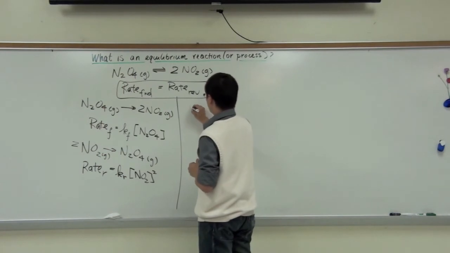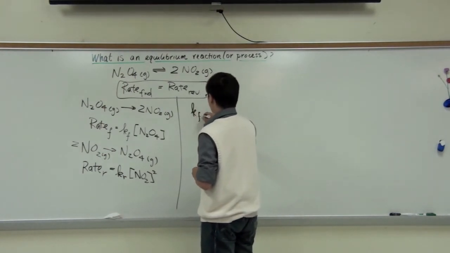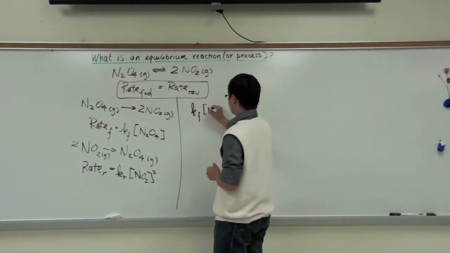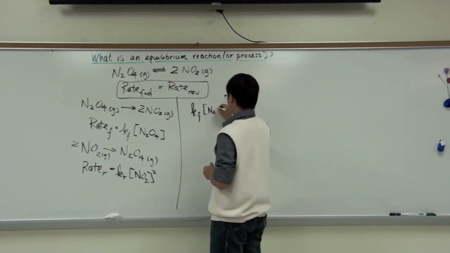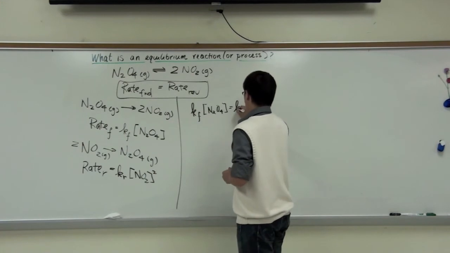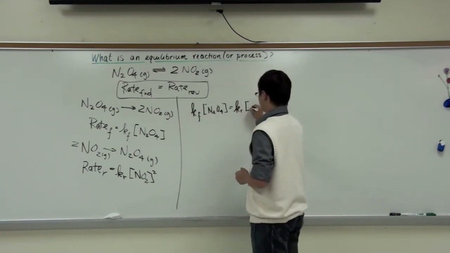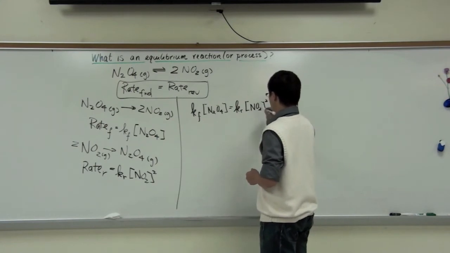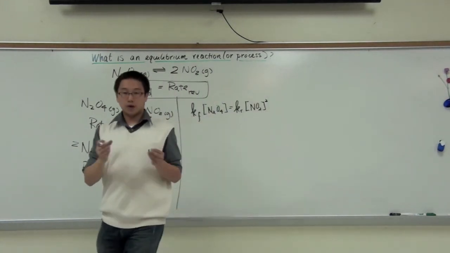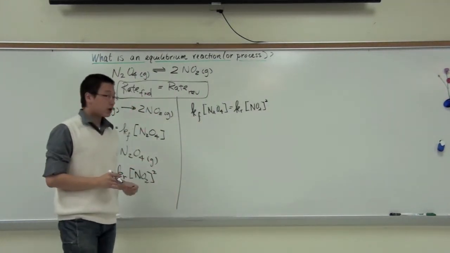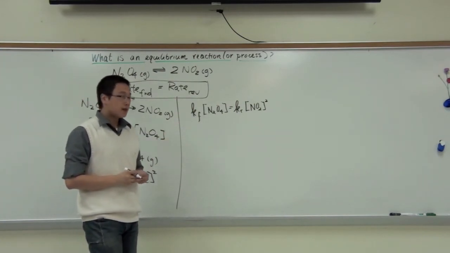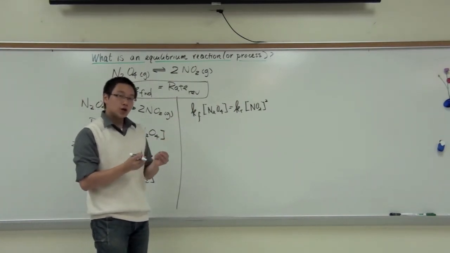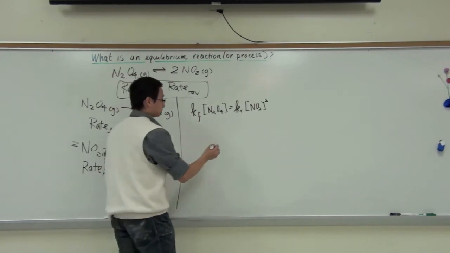So we have Kf times the concentration of N2O4 is equal to the Kr times the concentration of NO2 squared. So we combine these two equations together to get this equation. And now let's rearrange the equation a little bit.